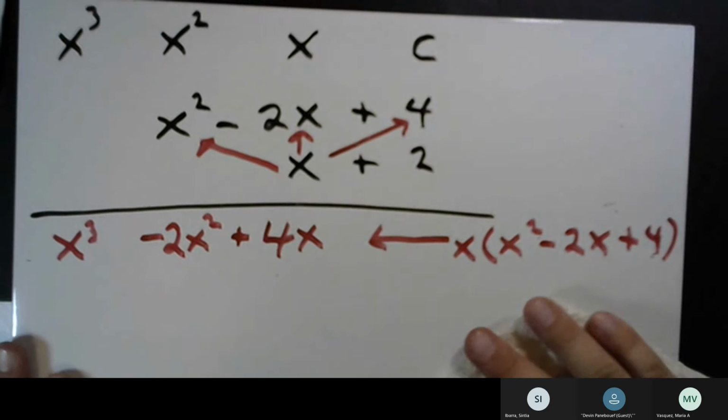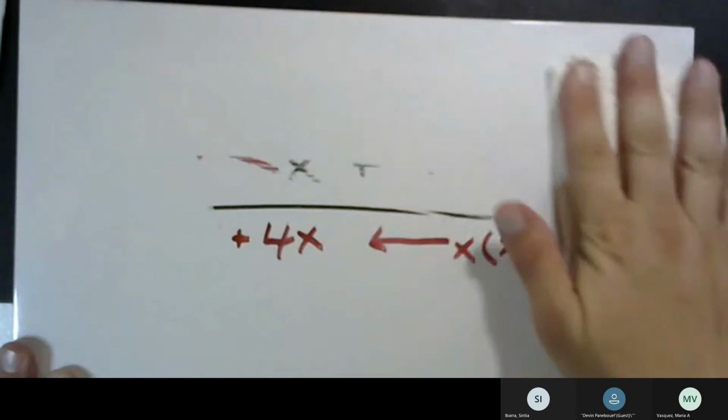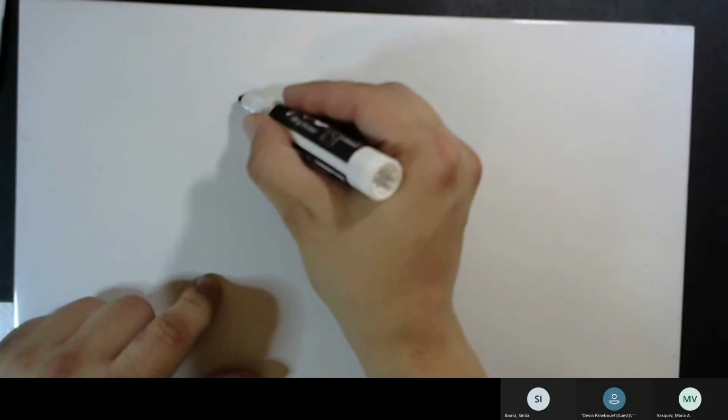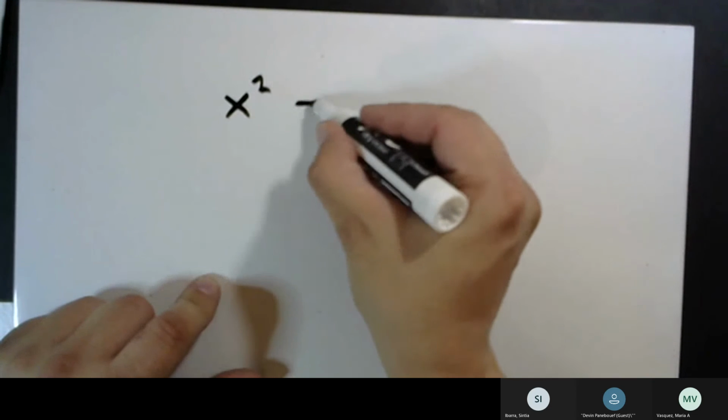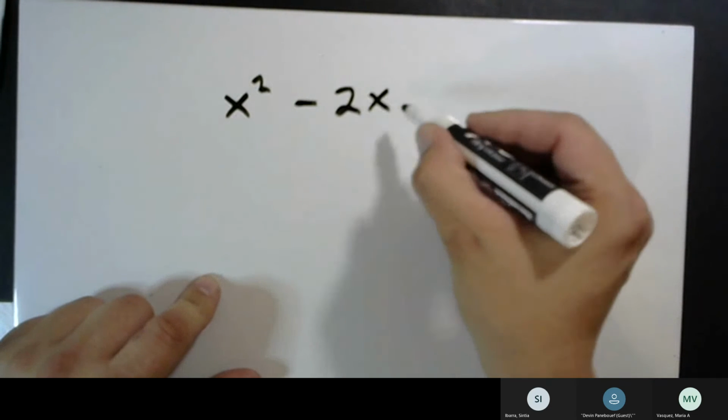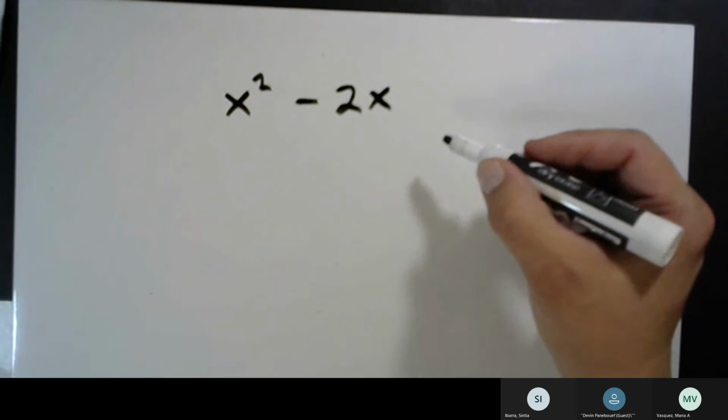All right, so now we're going to go to the next stage of this. That's just sort of phase 1. Taking a look at phase 2, I'm going to rewrite what we had before.